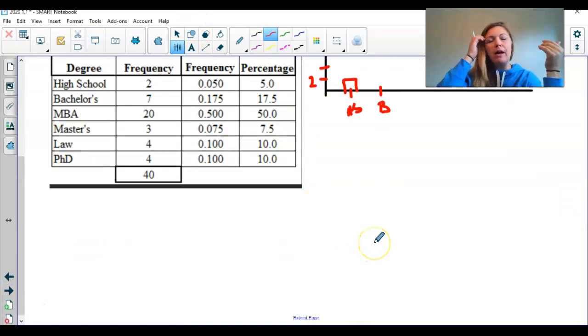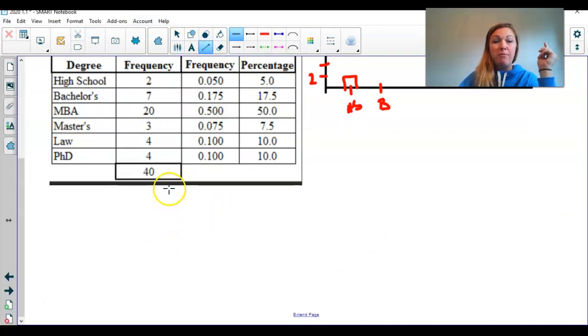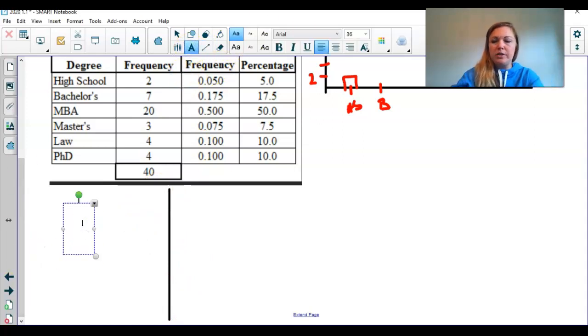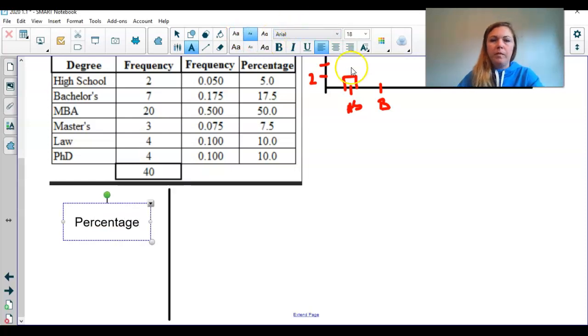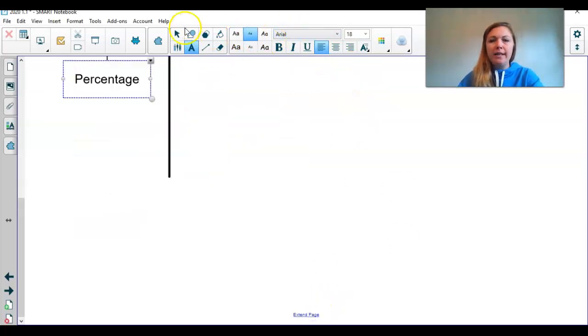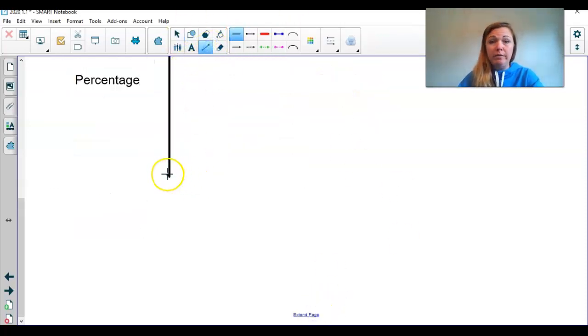Now, a segmented bar graph is going to look a little different, okay? So what you're going to do is you're going to have percentages always over here on the left-hand side, okay? So this would be percentages. Oh, so big. I don't want it that big. Okay. And then on the x-axis, you would have your category.